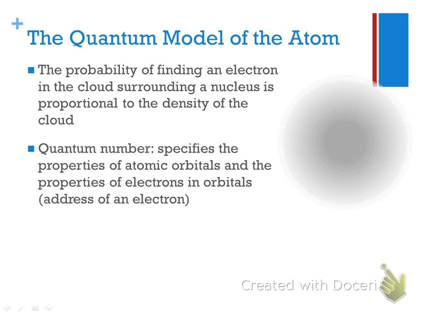I want you to think about it like the address of that electron, and we're going to determine what the address is for that electron. Every electron has a specific quantum number that gives us the best probability of locating that particular electron.